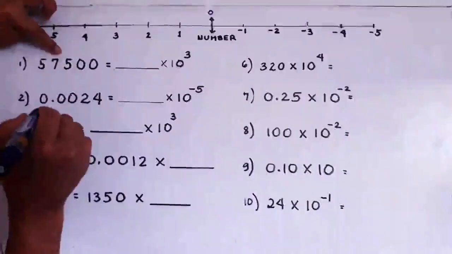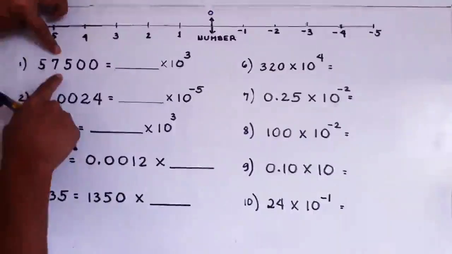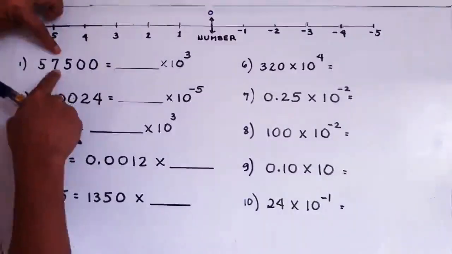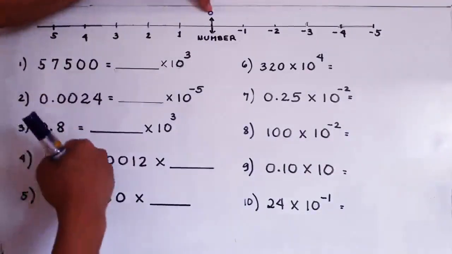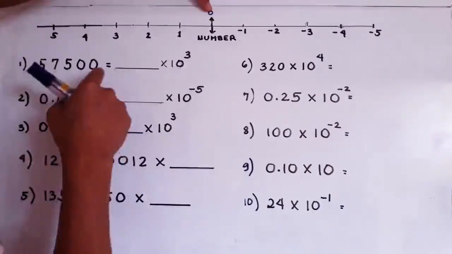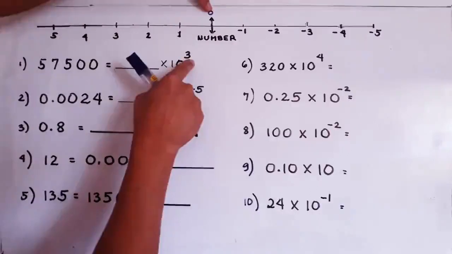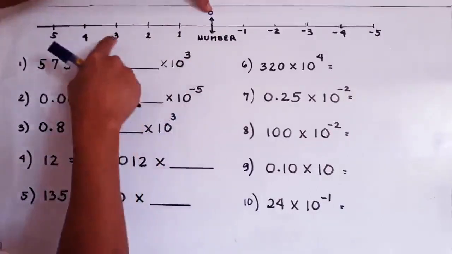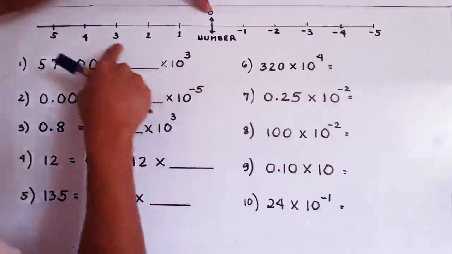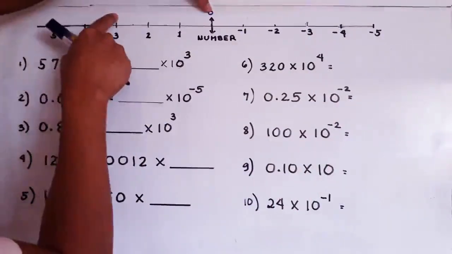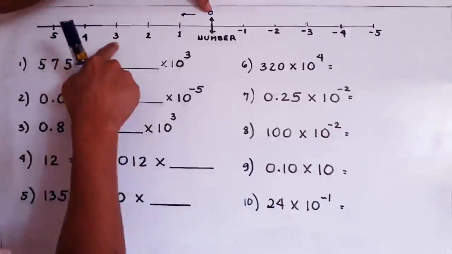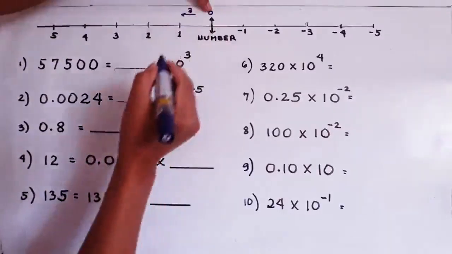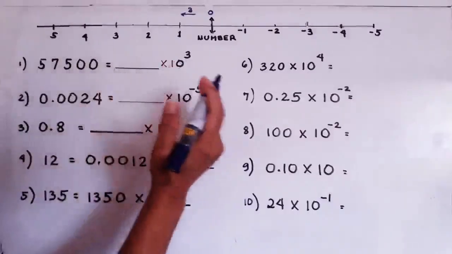After that, let's have number 1. This one is 57,500. It's a big number. Okay, we know that. And this 57,500 is an ordinary number. So this ordinary number is here. Now, we are going to write that as 10 to the third. And where is the third? The third is this one, because there is a row for all the exponents. So you move the decimal point of the number to the left by 3.